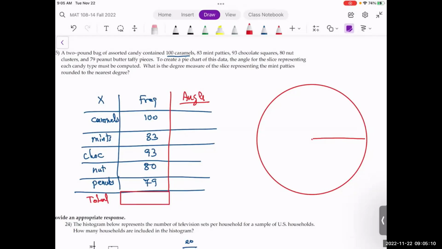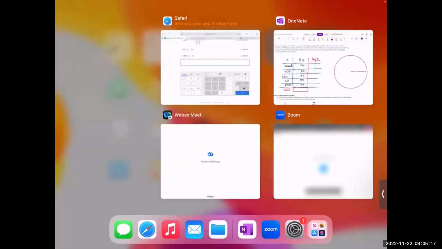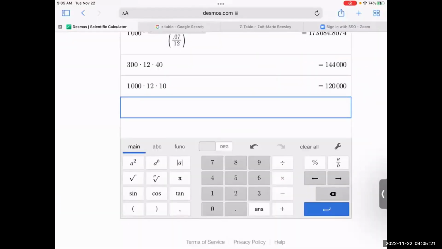So I might need the calculator right now. So let me see if I can switch. Okay.